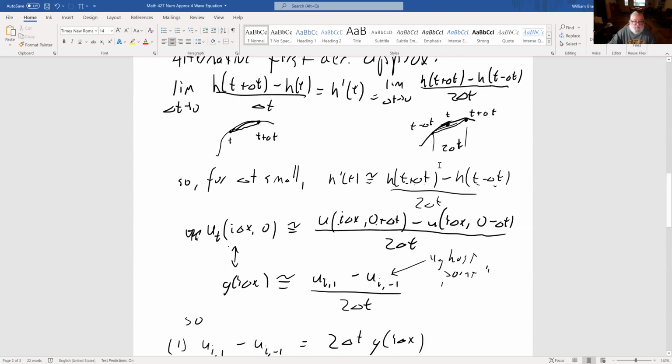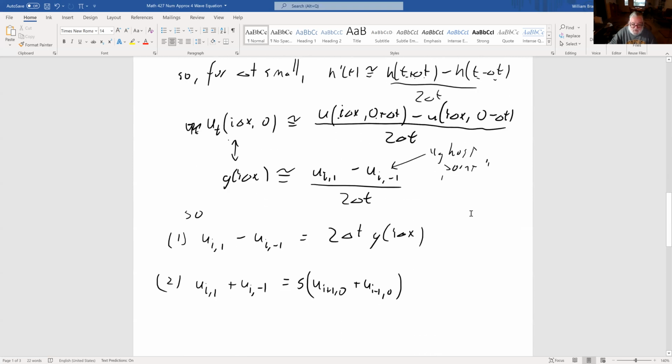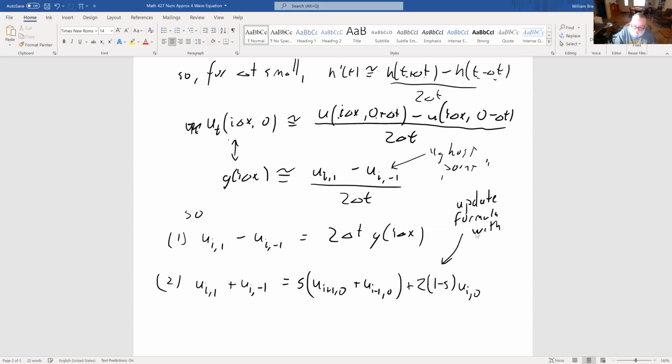And then the rest of the update formula is 2 times (1 minus s) times u_{i,0}. So this is the update formula for j equals 0.